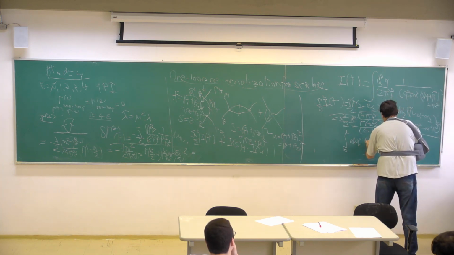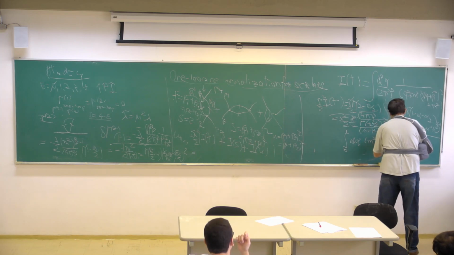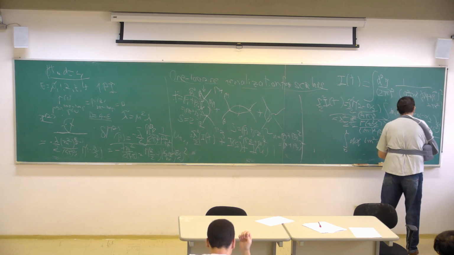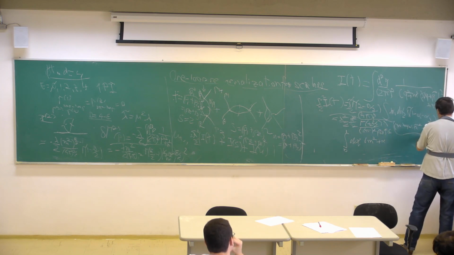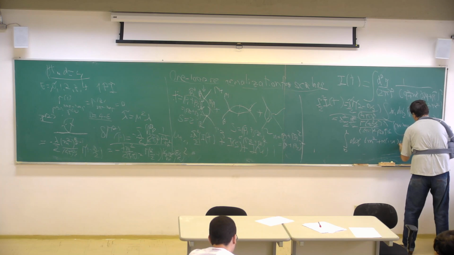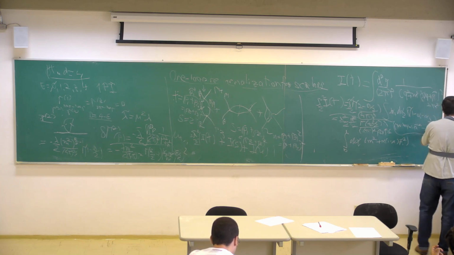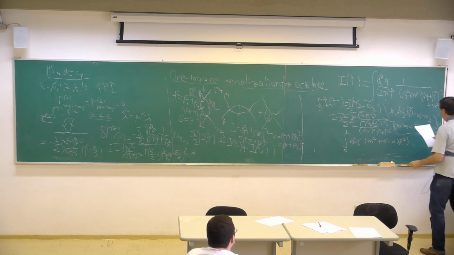So this is m squared plus alpha times (1 minus alpha) p1 tilde squared, and the power in here is minus epsilon over 2.